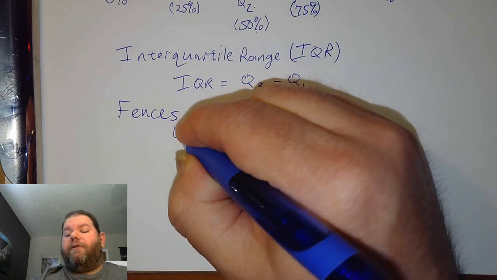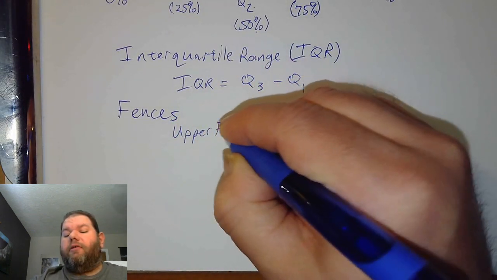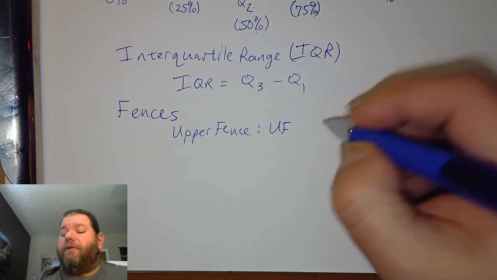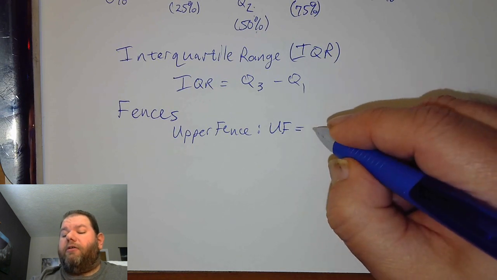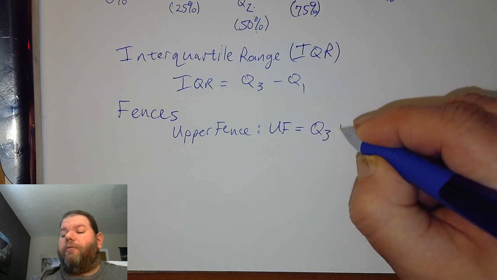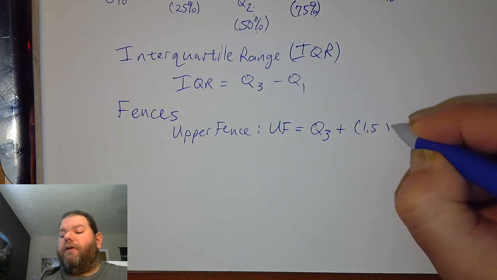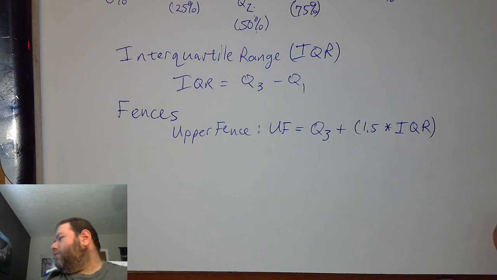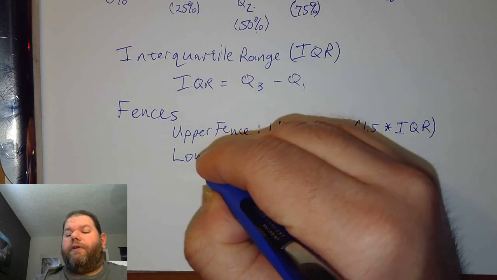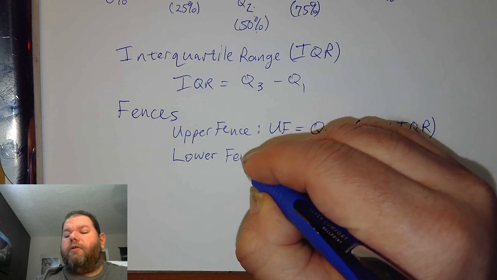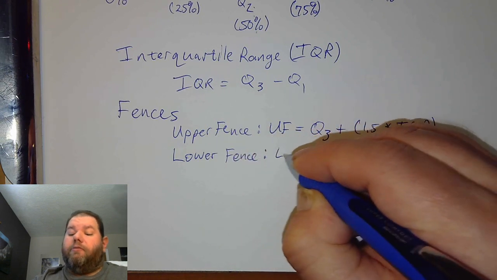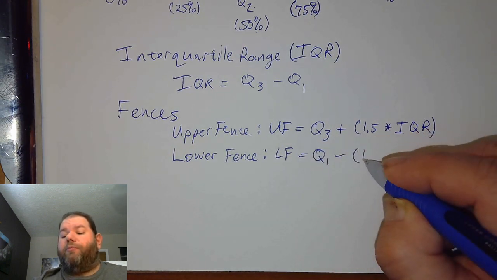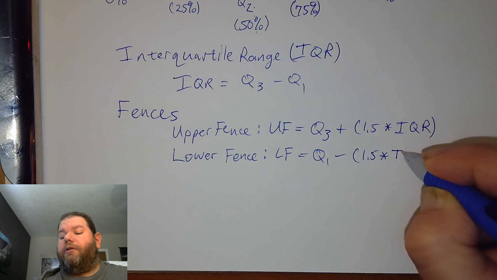So for our upper fence, which I'll abbreviate as UF, this will be Q3 plus 1.5 times the IQR, and our lower fence, LF, is Q1 minus 1.5 times the IQR.